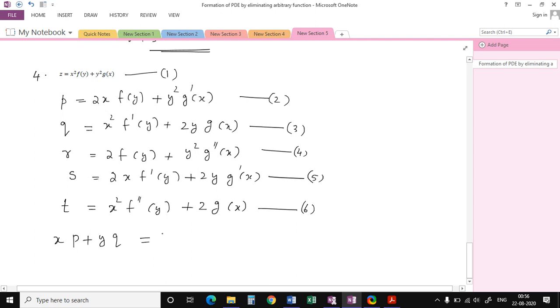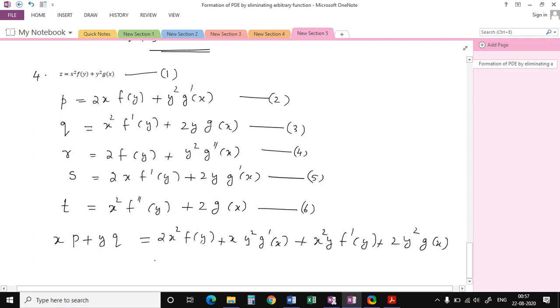So we will get 2x square fy plus x y square g dash x plus, now next term is yq. So multiply the second equation by y. So we will get x square y f dash y plus 2y square gx.